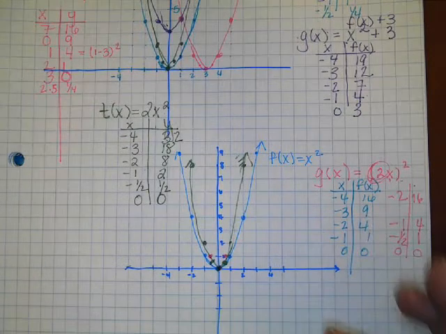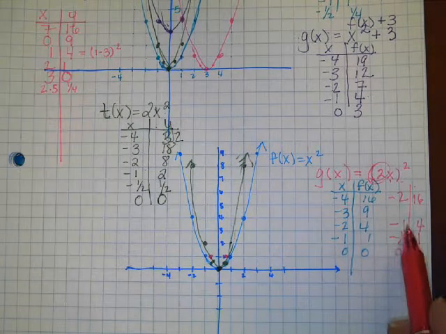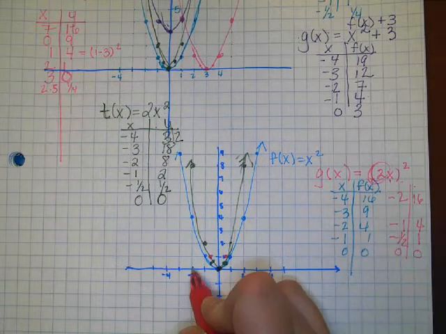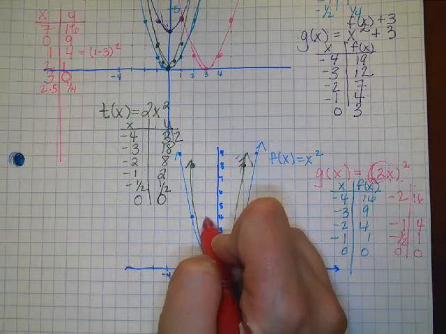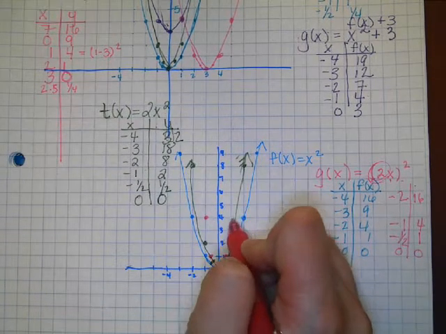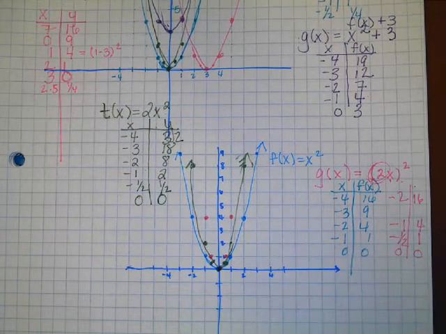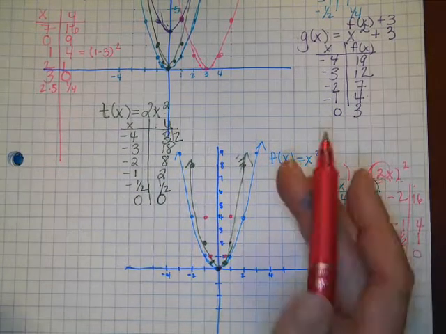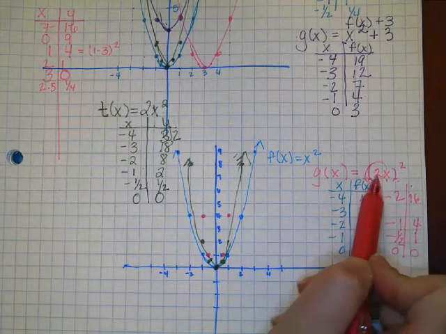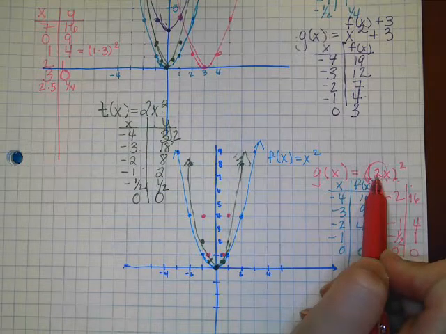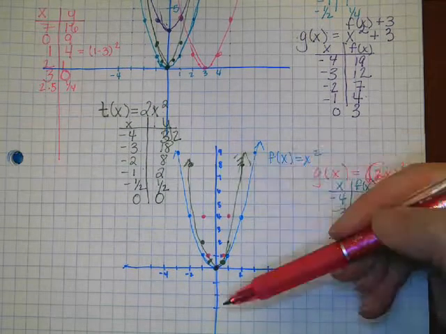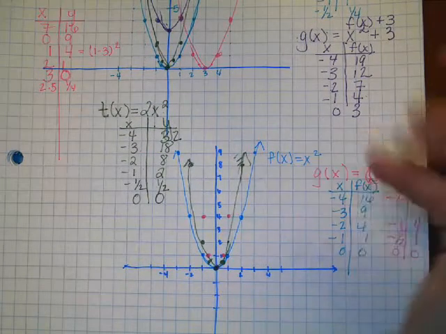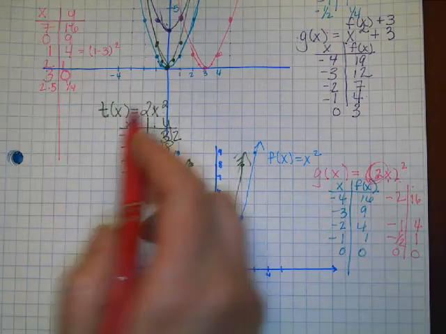We have negative 1/2, 1, and positive 1/2, 1. Then we have negative 1, 4, positive 1, 4. Notice that this is compressing it horizontally by a factor of 1/2.